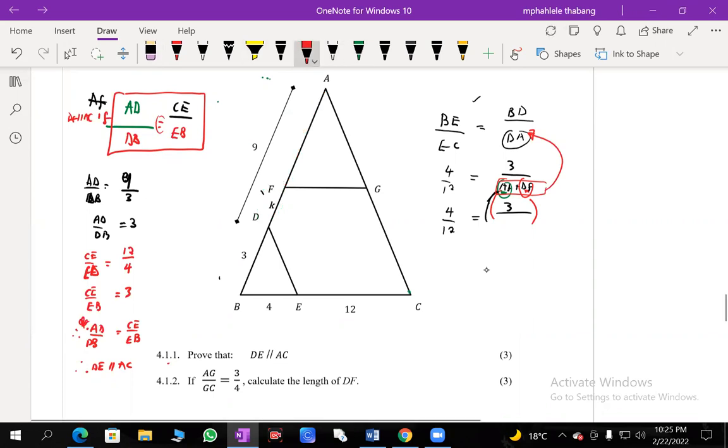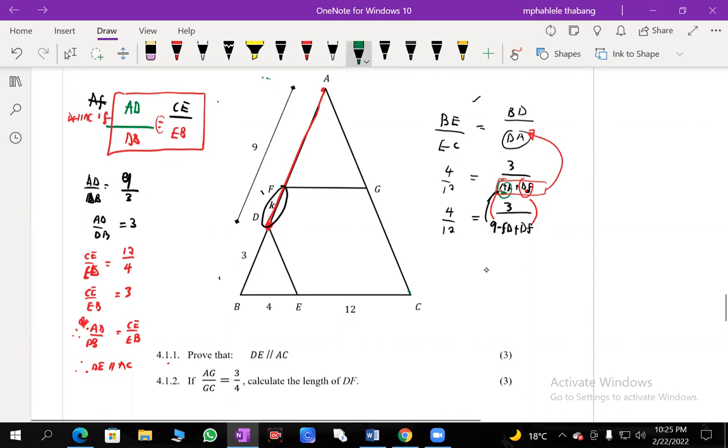It is from A to D, so AD. So we agree that AF is 9 minus FD. And then DF, we did this, we want to repeat it.